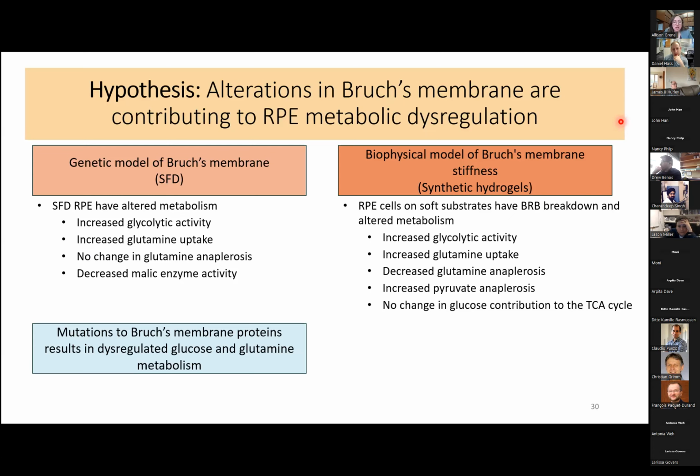So to summarize what we found in the second part, I found that RPE cells on soft substrates have blood-retinal barrier breakdown as well as altered metabolism. Like our SFD model, I found increased glycolytic activity and increased glutamine uptake. But unlike our SFD model, I also found decreased glutamine contribution to the TCA cycle with increased pyruvate anaplerosis and no change in total glucose contribution to the TCA cycle.